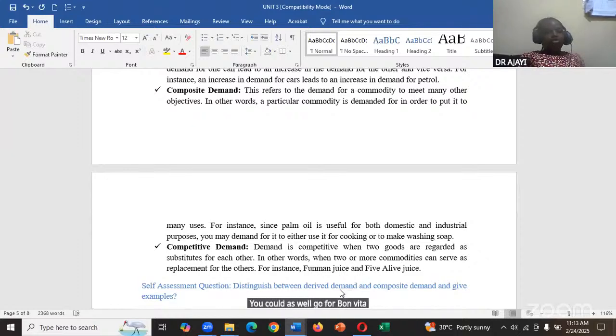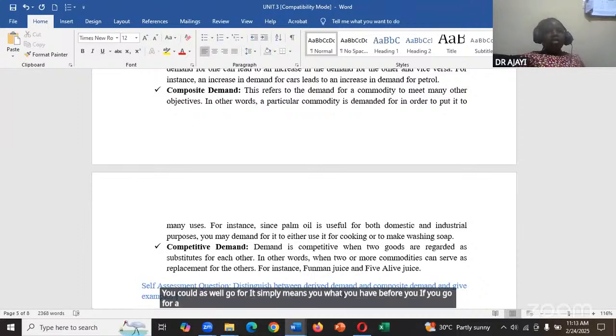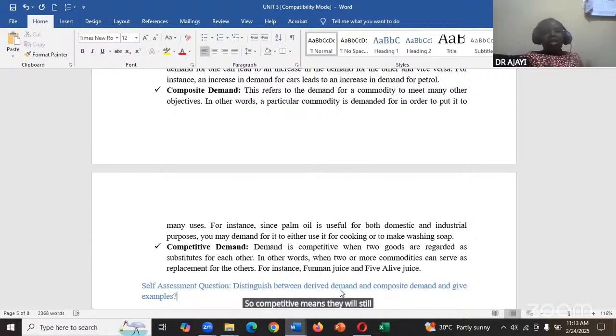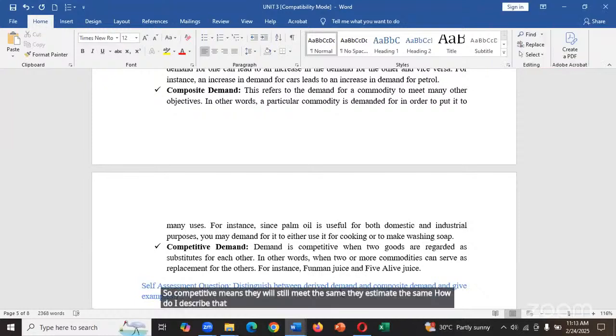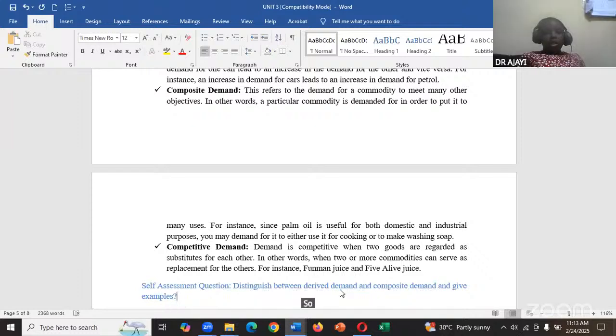It simply means what you have before you. If you go for A, there is this option open before you that if you did not go for A, you could as well go for B. So competitive means they still meet the same needs. So they already have substitutes. If you don't go for A, you might as well go for B or C or any other one.